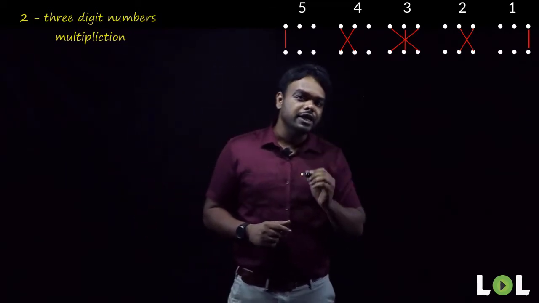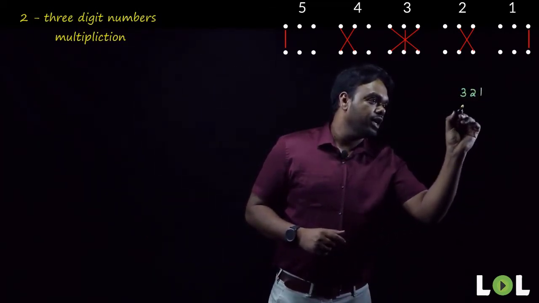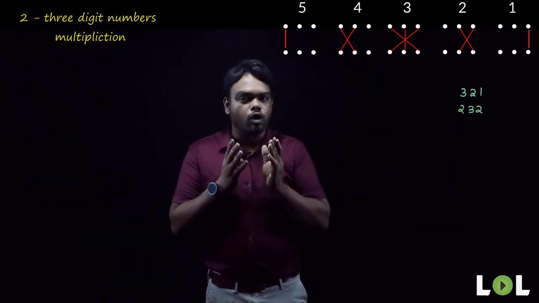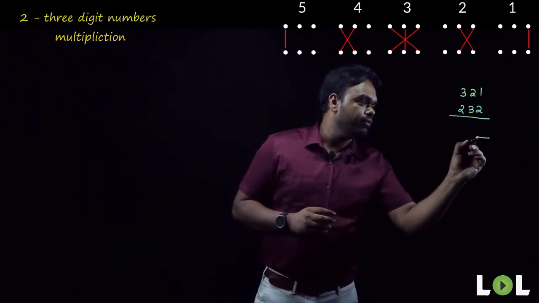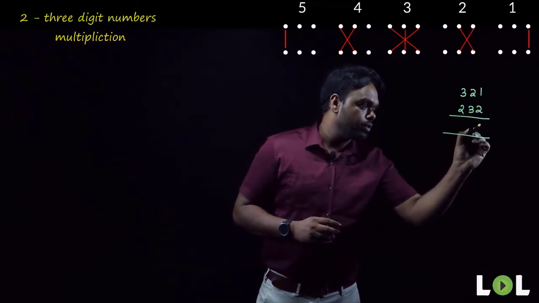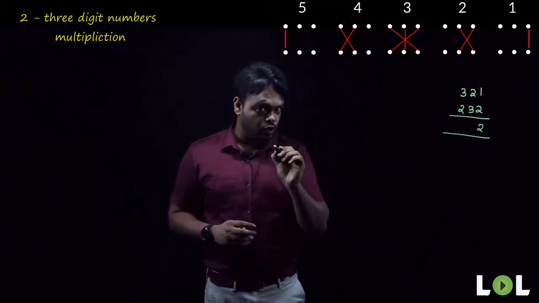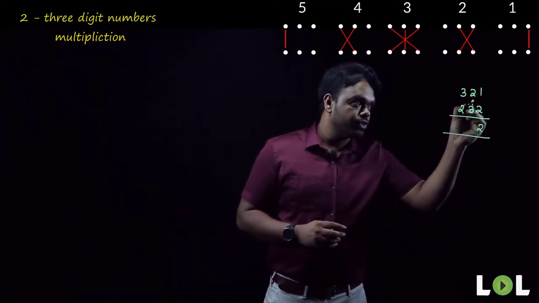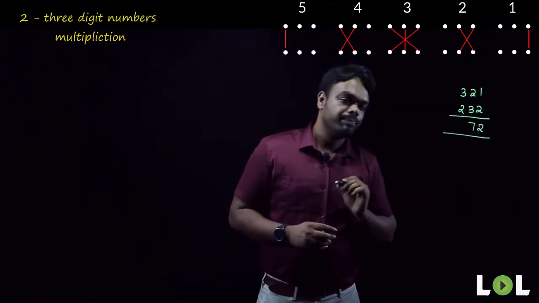Now let me initially take simple numbers. If I take 321 into 232, let us not complicate in the beginning, okay? So let us multiply both of them. We should get, in the first step, first column, that is 1 into 2, 2. Second step, first column and second column, cross multiplication, that is 2 into 2 is 4, 3 into 1 is 3, 4 plus 3 is 7.